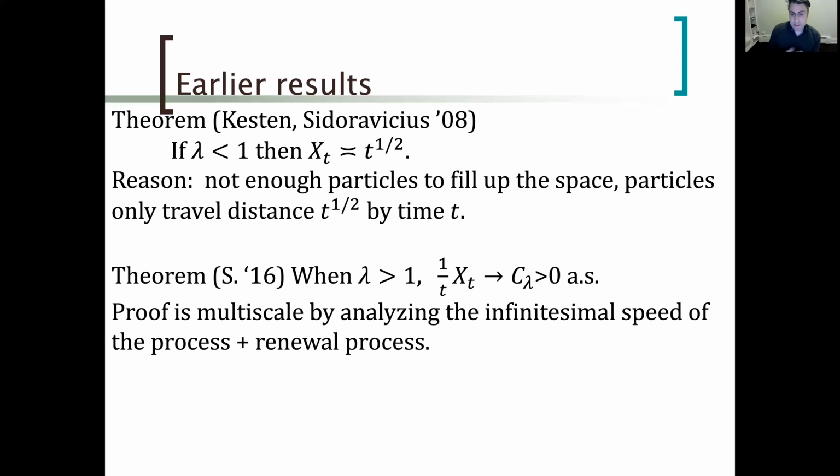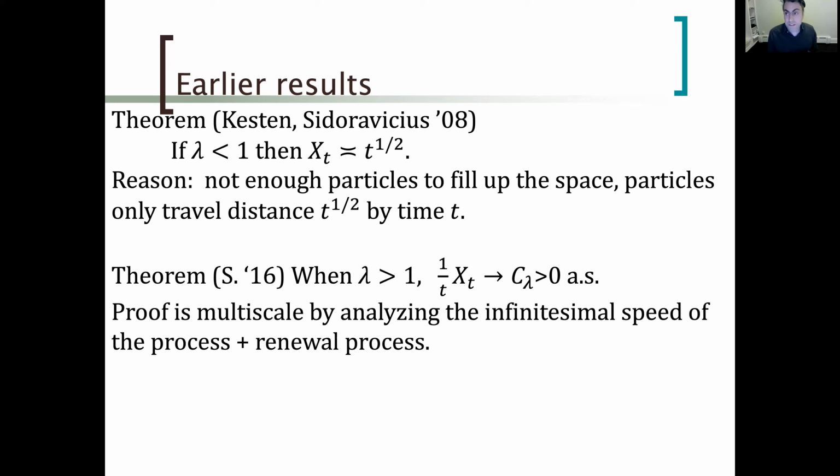On the other hand, in the supercritical regime where lambda is greater than 1, you do get linear growth, and X_t over t converges to some positive constant almost surely. Essentially the proof is saying that if the rate at which the aggregate is growing starts to slow down too much, then there's a sort of mean reversion which pushes it back up again.